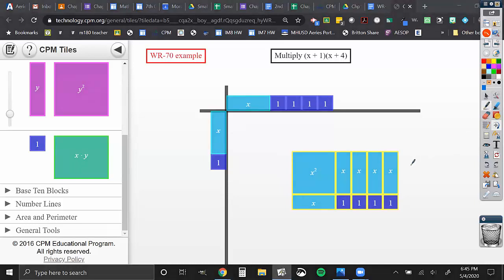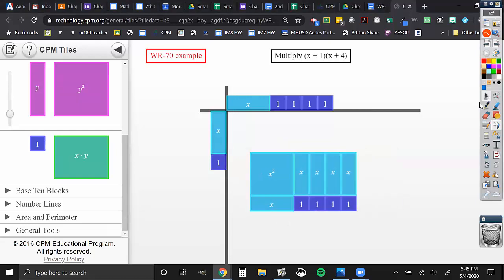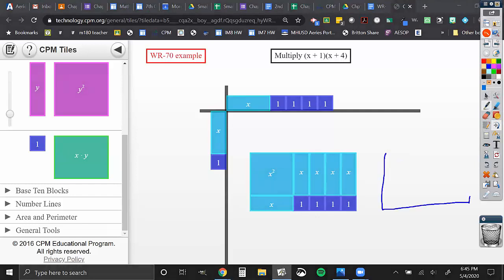So what you will draw on your paper is that image right here. Now, some people have a hard time drawing this. I'm going to help you figure out how to do that. You could start with a whole rectangle and then cut it up like you're cutting a cake. So here's one row, and then I need 4 rows here.